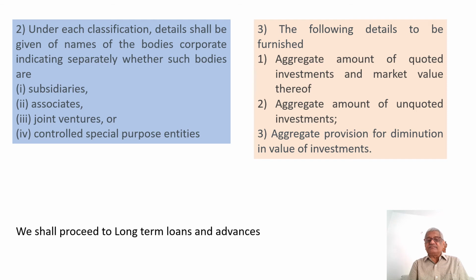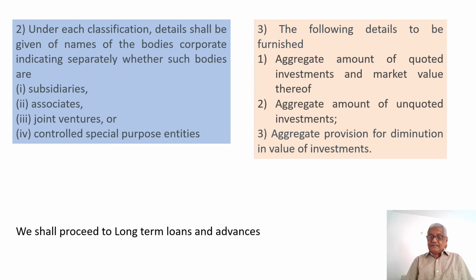Under each classification, details have to be given: the names of the bodies corporate where the investments have been made, that is, whether it is a subsidiary, an associate, a joint venture, or a controlled special purpose entity.